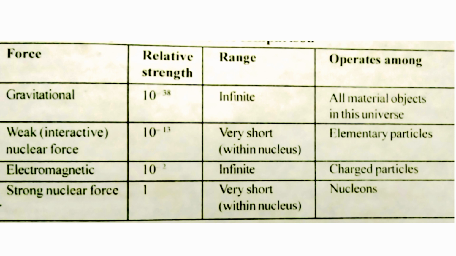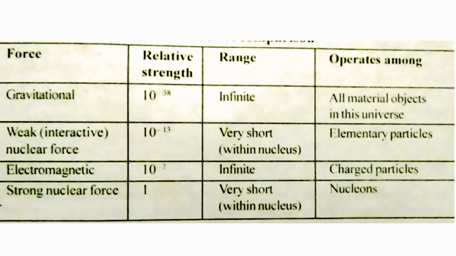Now we can have a comparison of all the four fundamental forces. Gravitational force has a relative strength of 10 raised to minus 38, and it has infinite range and acts on all material objects in the universe. And weak nuclear force has a relative strength of 10 raised to minus 13 and very short range, and operates among elementary particles.